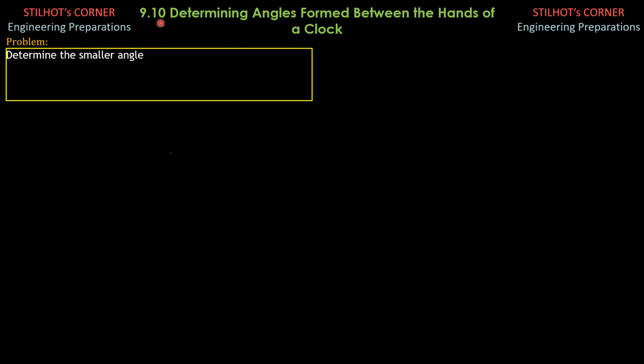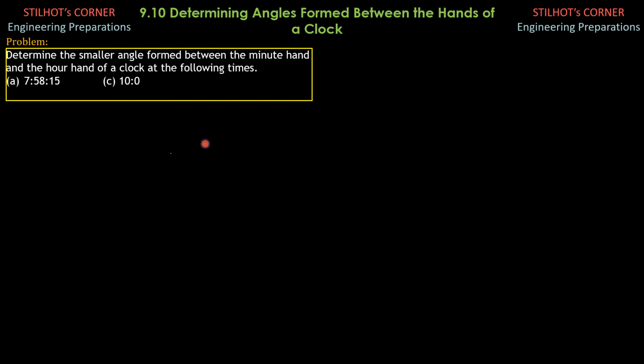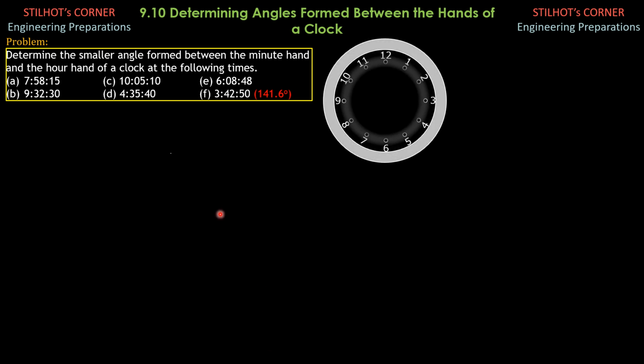There are 6 exercises here. I'll present the solutions to the first 5, and for problem 6, it's your job. You have to show that the answer is as shown, 141.6 degrees.